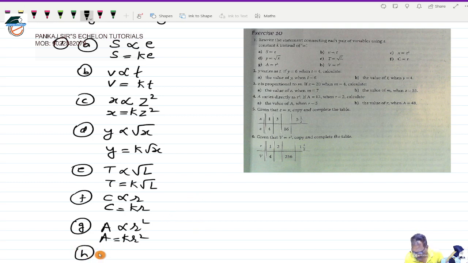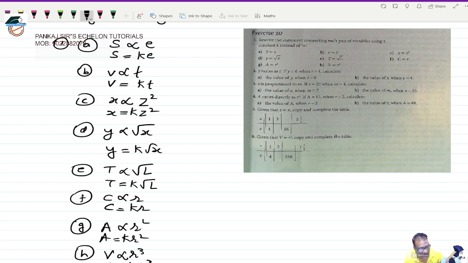H. H is volume is directly proportional to R cube. So the answer for this will be volume will be equal to K R cube. Volume is directly proportional to R cube, right? So volume will be equal to K into R cube. Now K is any constant.